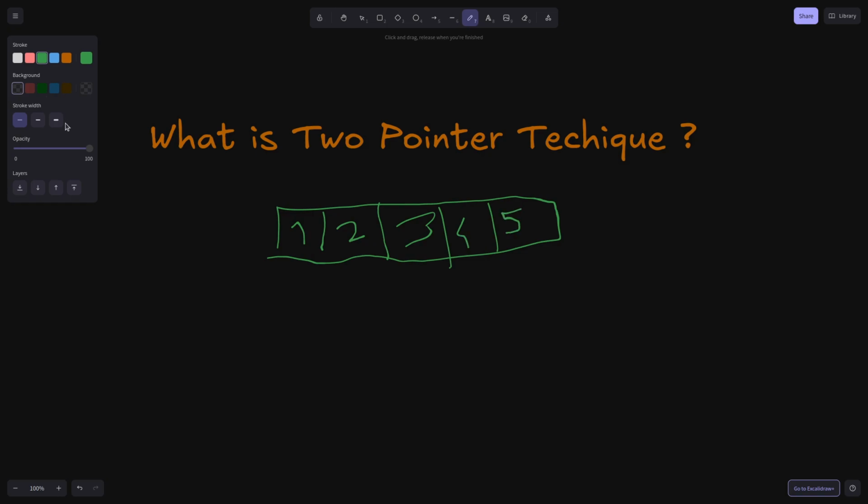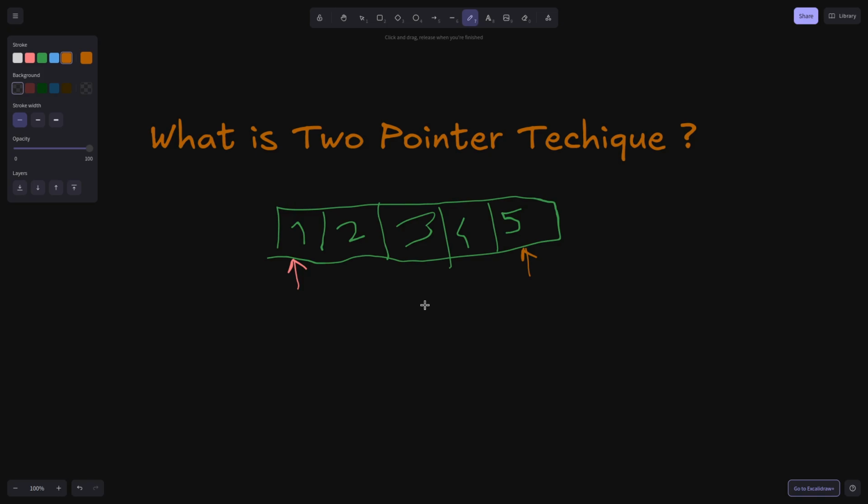So instead of looping over all the elements multiple times, we use two pointers or two variables based on certain conditions. So let's say this is one pointer and we have another pointer here, this one. Depending upon the problem, we use these pointers.